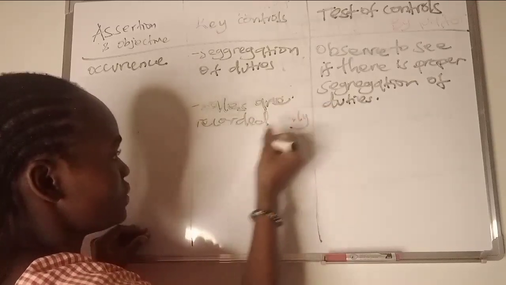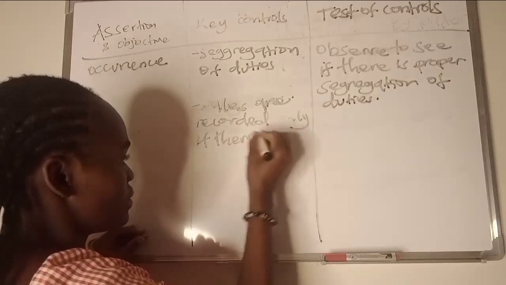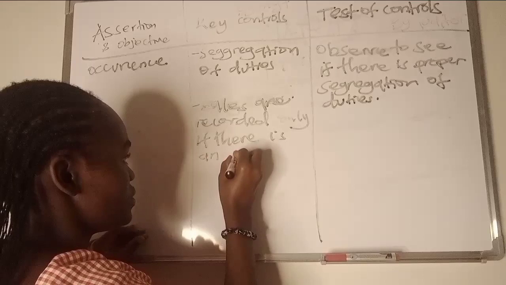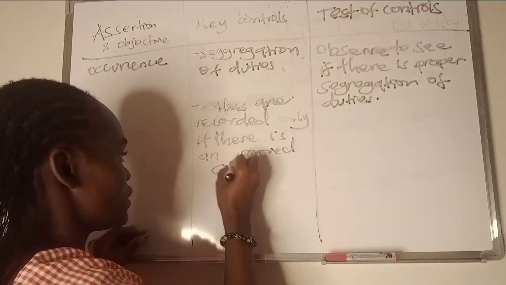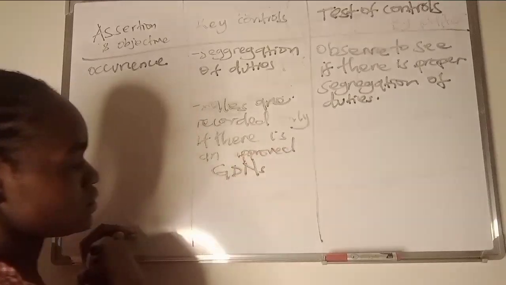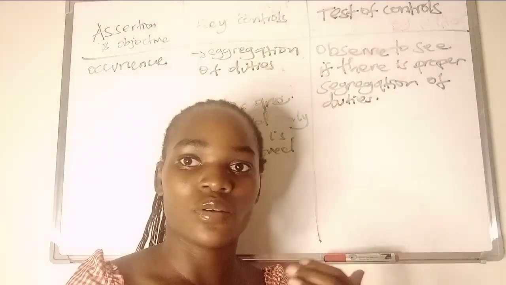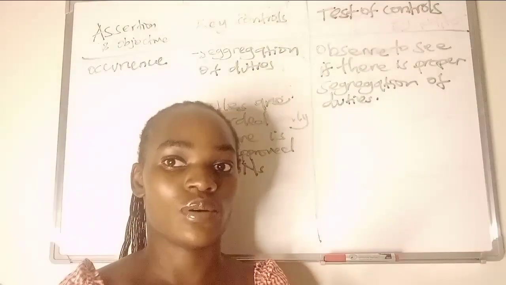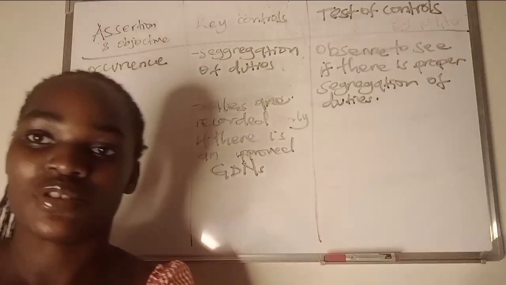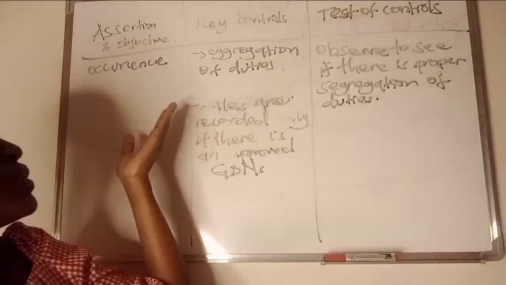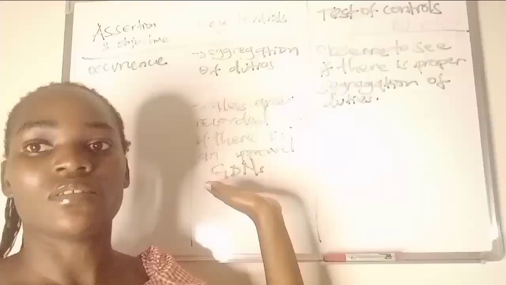To make sure that only the credit sales that took place were recorded, one of the controls that can be put in place is that sales are recorded only if there is an approved goods delivered note.